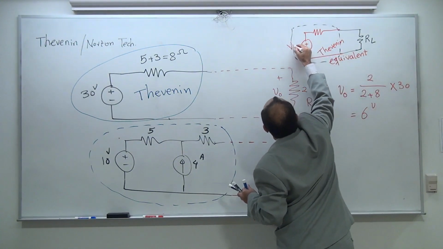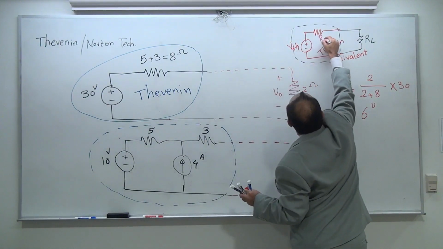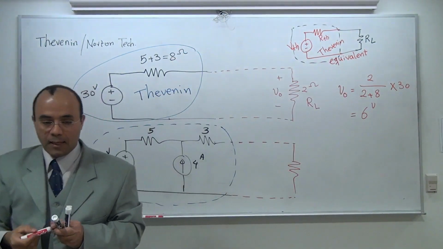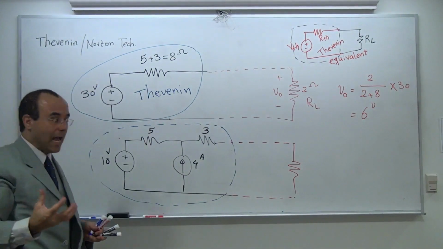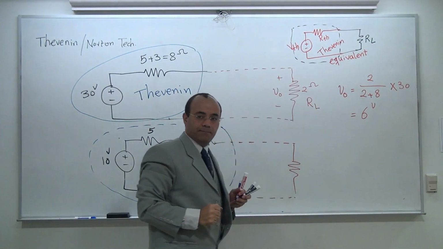This is called V Thevenin, which happens to be 30 volts. This is called R Thevenin, which happens to be 8 ohm. If you give me that out of a complex design, you gave me a Thevenin.